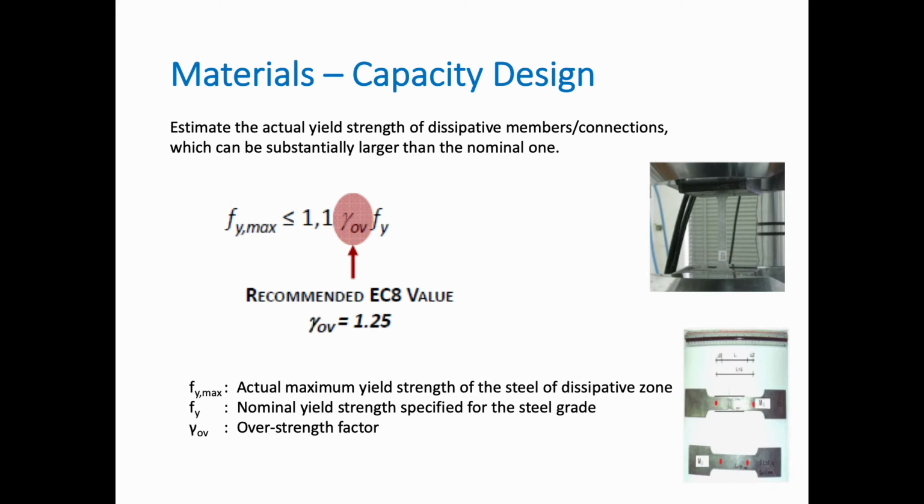Here is the formula for estimating the actual yield strength of dissipative members and connections, which can be substantially larger than the nominal one. So Fy max is smaller or equal to 1.1 times the recommended overstrength factor from Eurocode 8, and that is 1.25, times the yield strength.